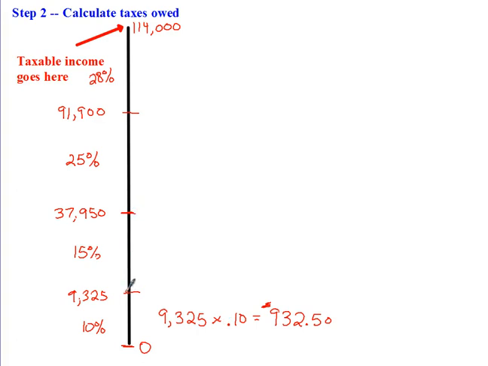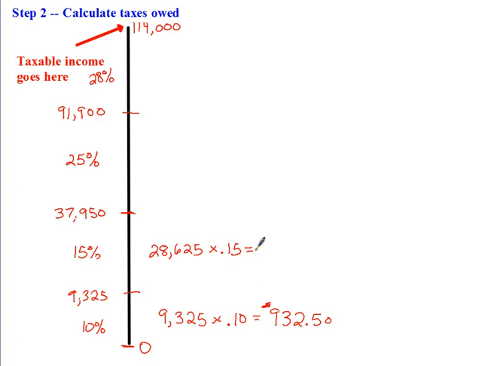37,950. Top of the bracket minus the bottom of the bracket, which is 9,325. So I'm going to go ahead and put that in my calculator. 37,950 minus 9,325. There's $28,625 of income in there, and that's going to get taxed at 15%.